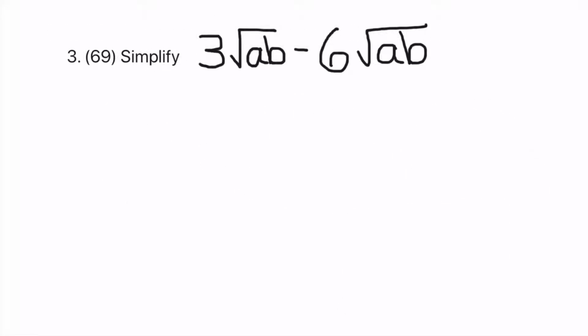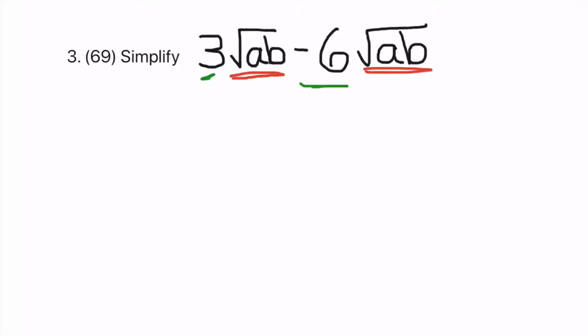Number 3 is from lesson 69, and we need to simplify. So if you look, both of our letters under the radical sign are the same, so these are like terms. So that means we are able to combine the numbers that are out in front, this 3 minus 6.